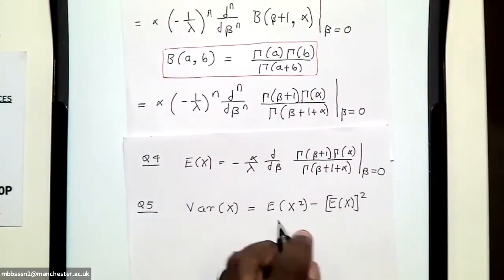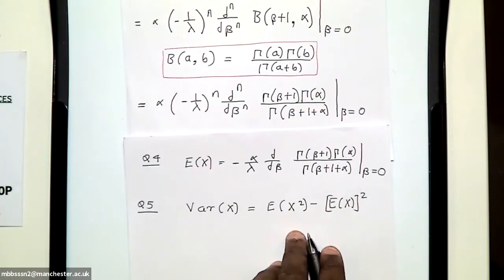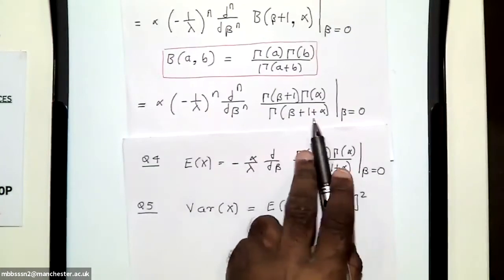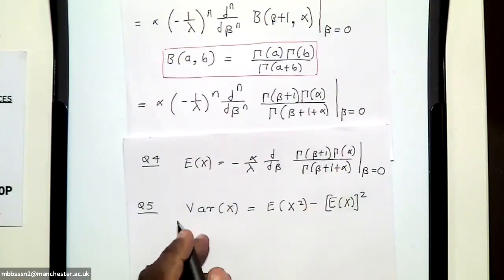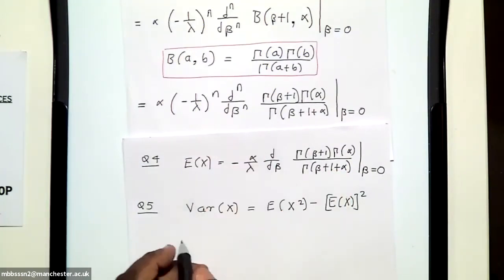Right, now to find the expectation of x power 2, you put n equal to 2 into this formula, right? You follow me? So if you put n equal to 2, you get alpha divided by lambda squared.